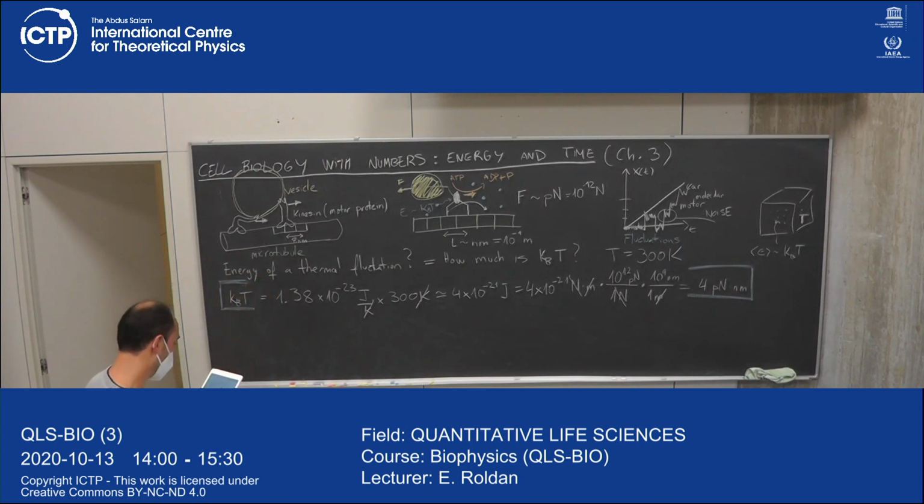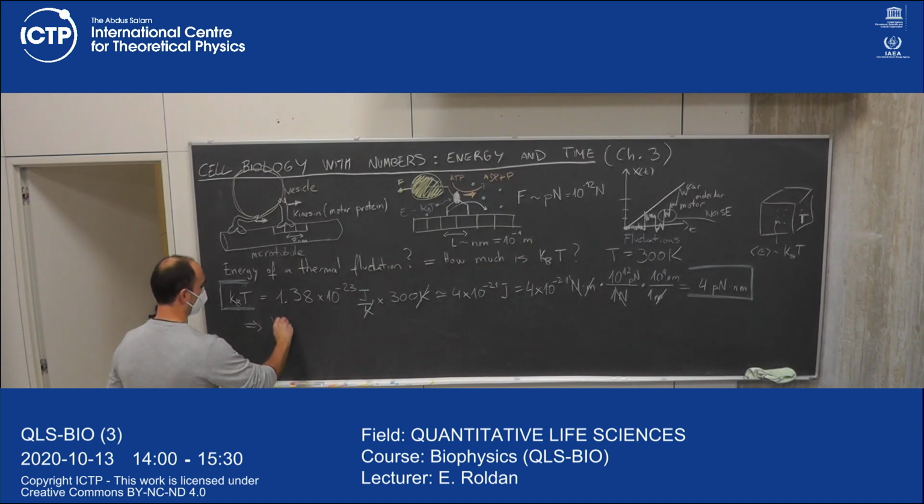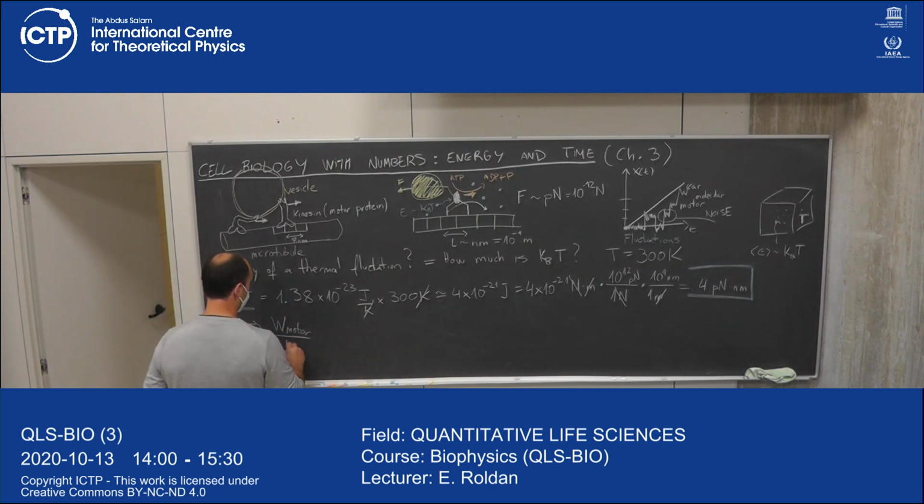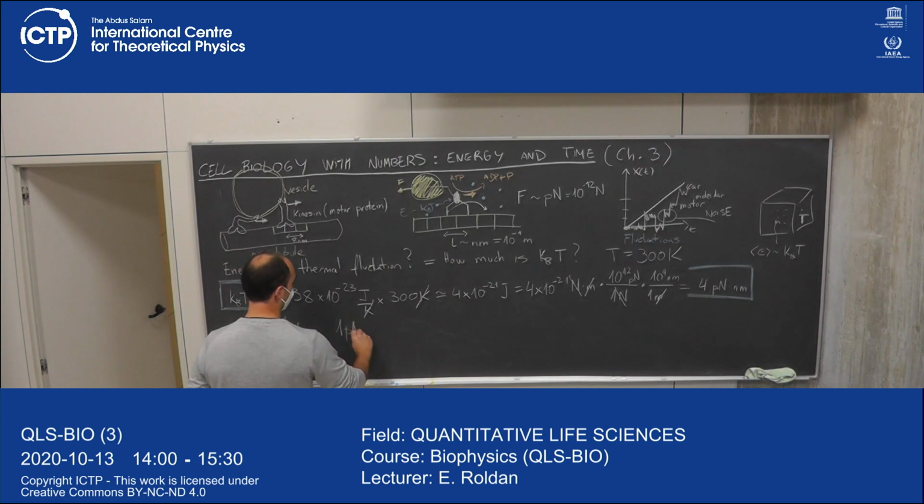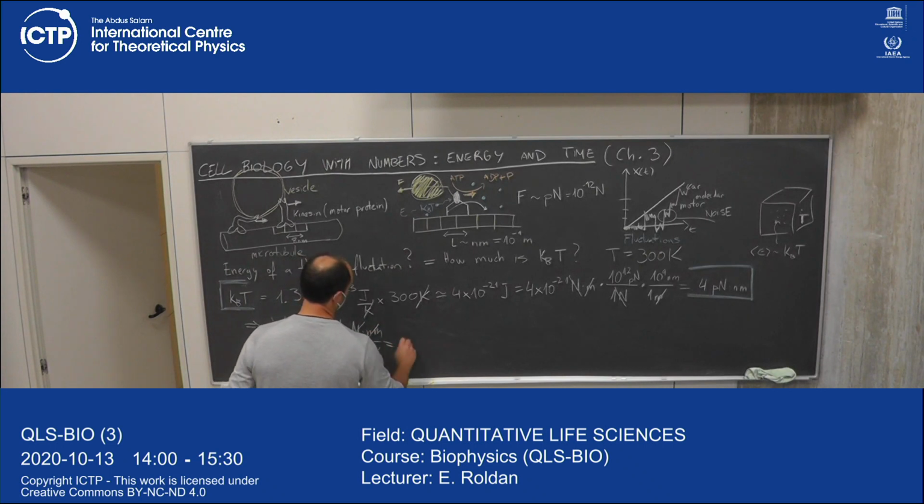So just to give you an idea, it implies that the work done by a motor divided by the energy of a thermal fluctuation, which is kBT, will be of the order of 1 piconewton nanometer divided by 4 piconewton nanometer, which is 0.25.